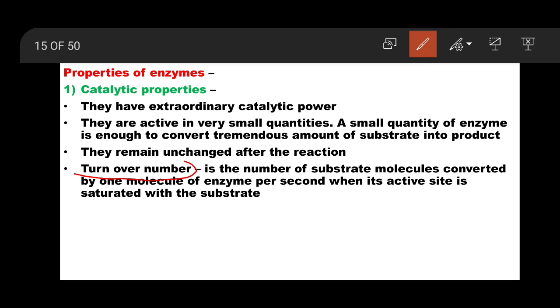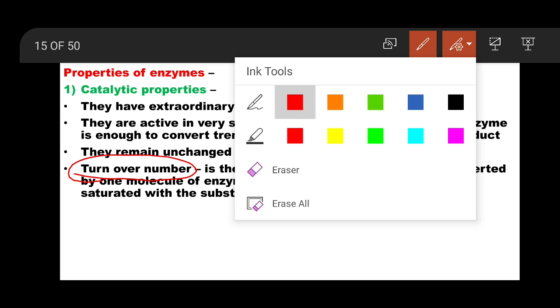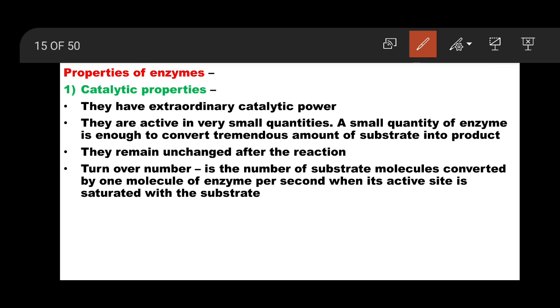One concept comes here, turnover number. What is turnover number? Let us see. It is the number of substrate molecules that are converted into product actually.